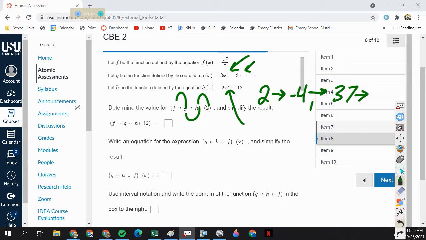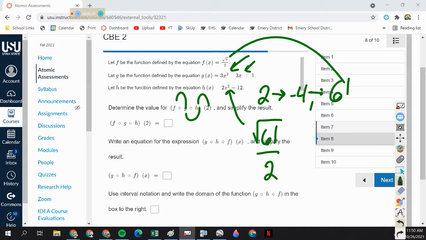I messed it up again. 61. Well, it's not a nice number, but whatever. So I got 61. What do I do with 61? Stick it into f, and I get the square root of 61 over 2. 61's prime.